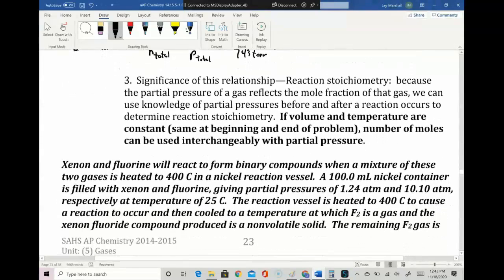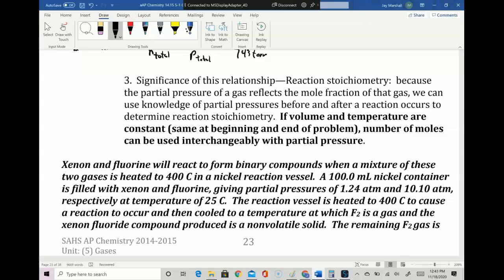Now here's why this is important. Because the partial pressure of a gas reflects the mole fraction of the gas, and in fact it's the same thing, that ratio of the partial pressure to the total pressure is the same thing as the mole fraction, the ratio of moles of one particle to the total particles. We can use this knowledge of partial pressures before and after a reaction occurs to determine reaction stoichiometry.